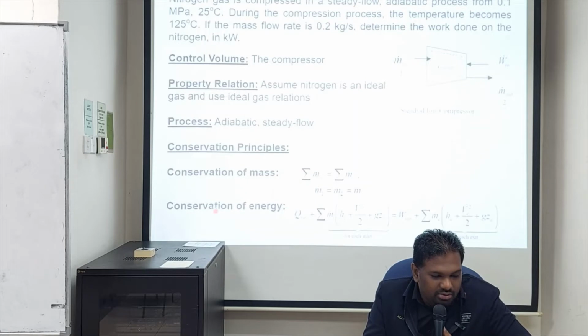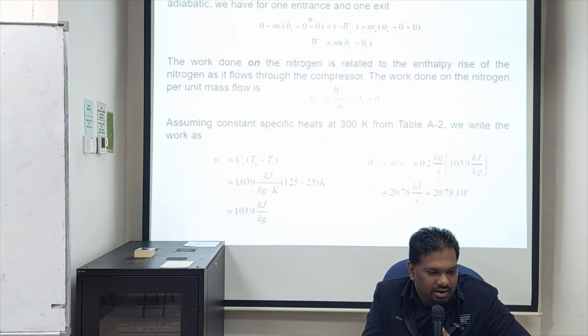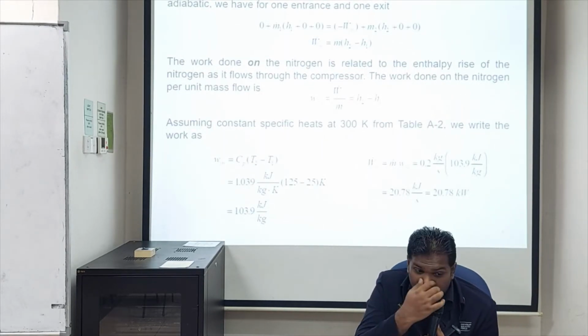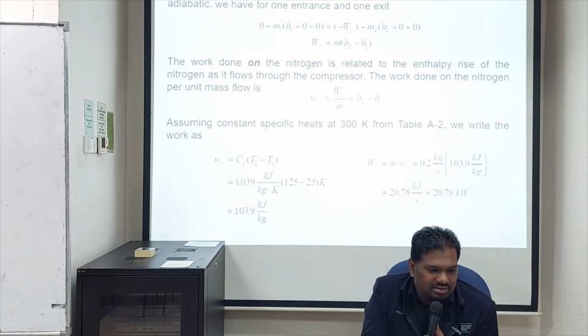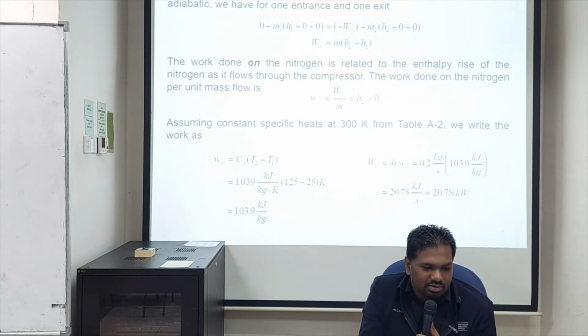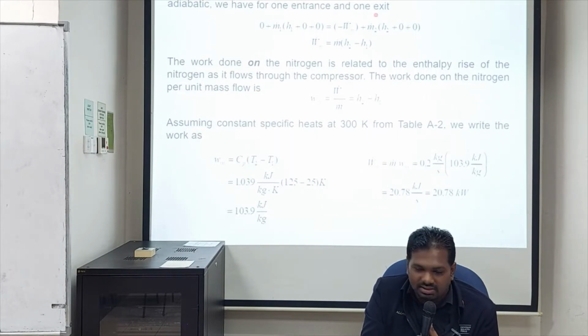Okay, then you enter to conservation of energy. Okay, gunakan formula ni. So conservation of energy formula. Okay, salin balik formula ni, baru buat. So kalau you tengok tadi, according to the sketch control volume, mass and work cross the control surface. So you neglect the kinetic and potential energy, and noting that process is adiabatic and we have one entrance and one exit.